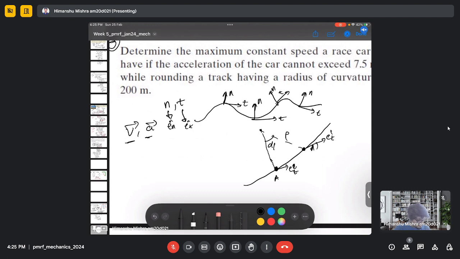And this arc is, let's say, given by ds. So the length of the arc ds will be rho multiplied by d theta, where theta is the angle.